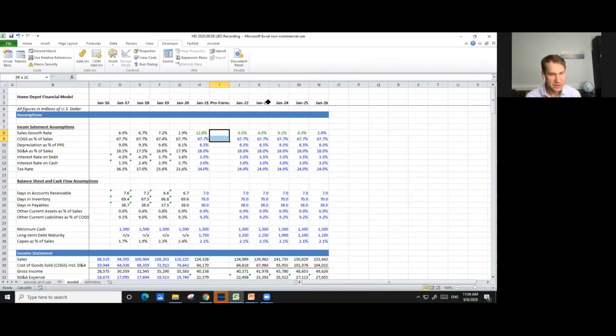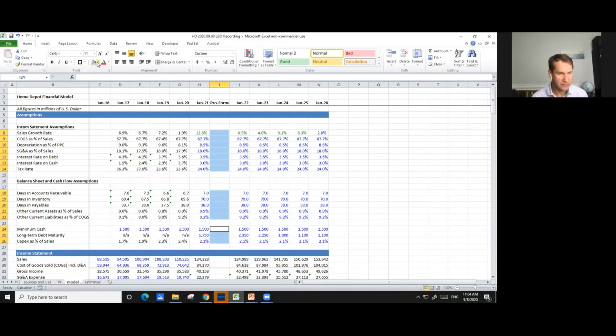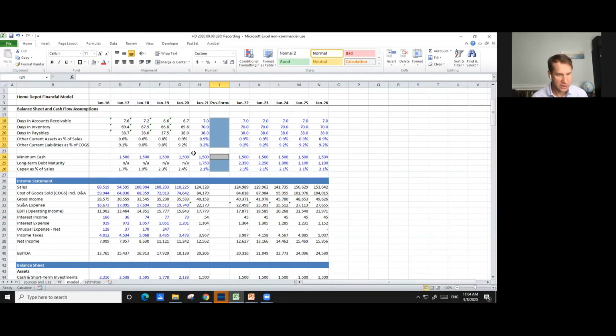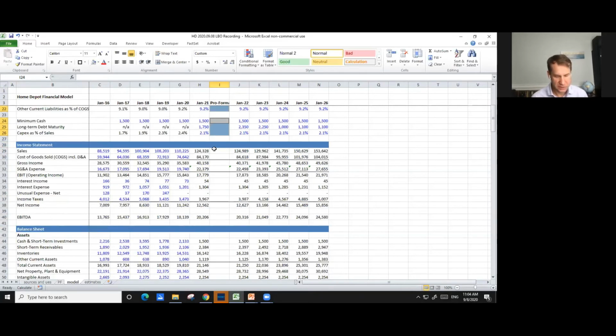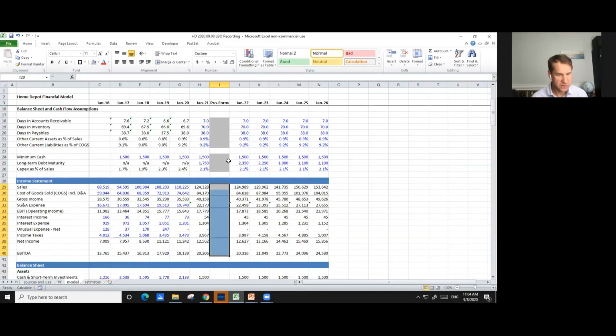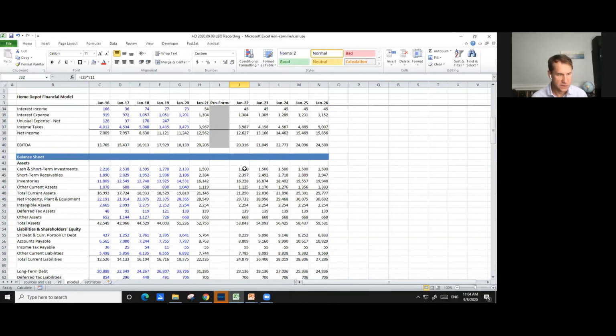And then just for simplicity, when I don't need to put in anything, I'll just have a fill here for the cells. Maybe I'll just select a grayish kind of color. It's just for me. So for the income statement and assumptions, I don't need to adjust anything. But for the balance sheet, I will need to do that.